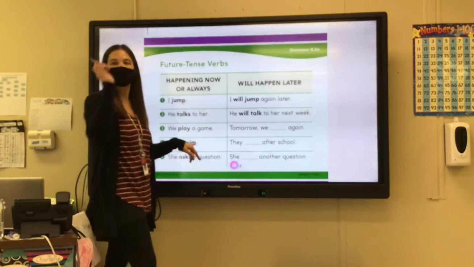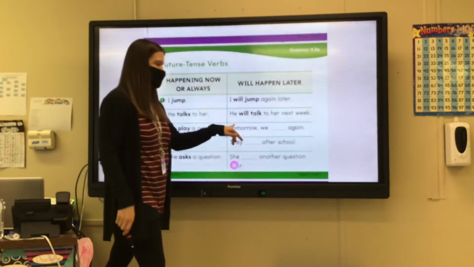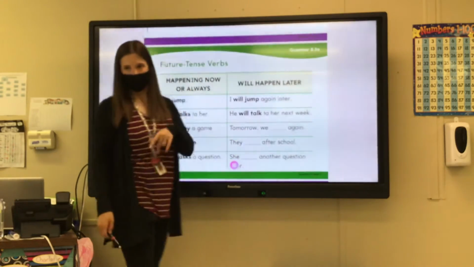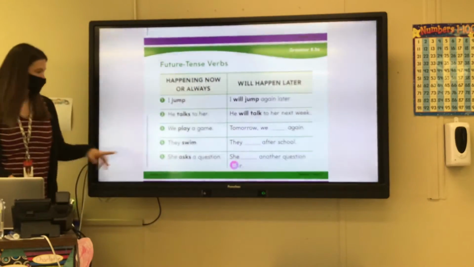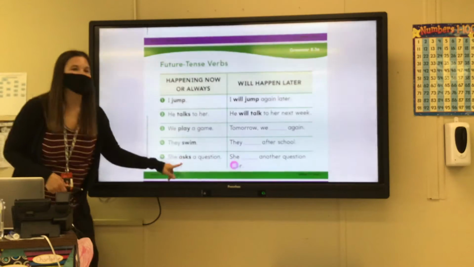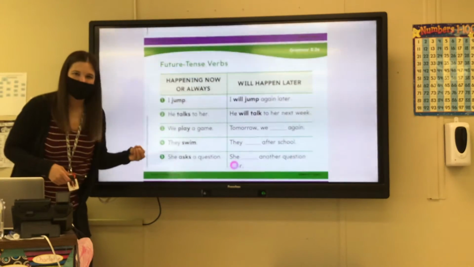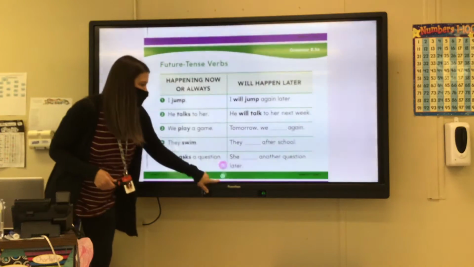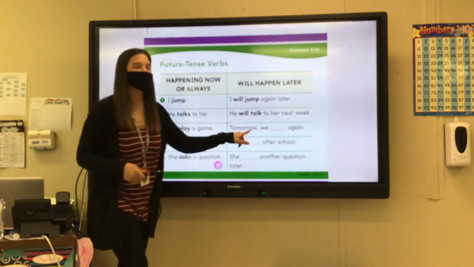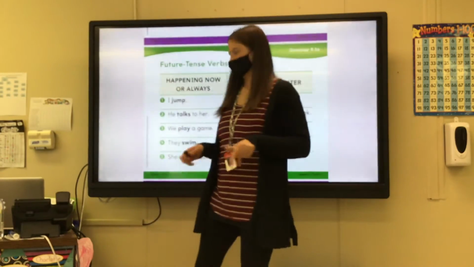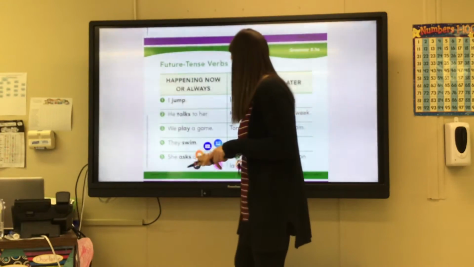If they're going to swim in the future, we would say they will swim after school. Okay, and the last one, she asks a question. Asking is an action. She will ask another question later. Okay, so we're going to do some more work with this.